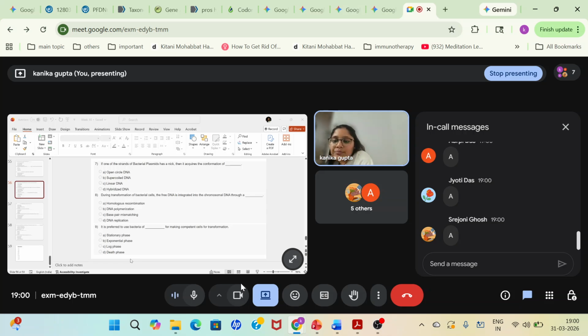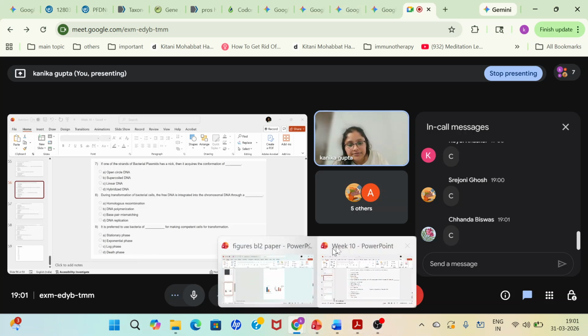Next question: it is preferred to use bacteria of dash for making competent cells for transformation. What phase? Question number 9, guys. Yes, it is the log phase that we need to use the bacteria of. Okay? Next question.